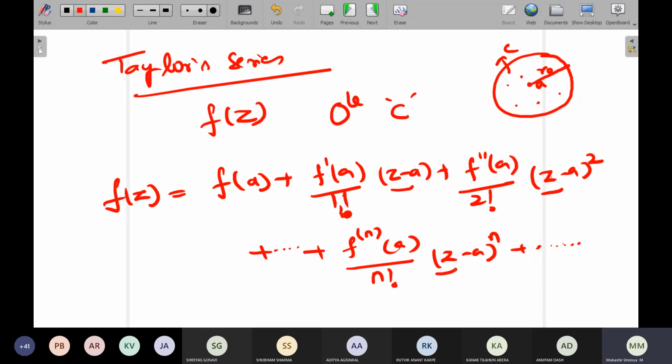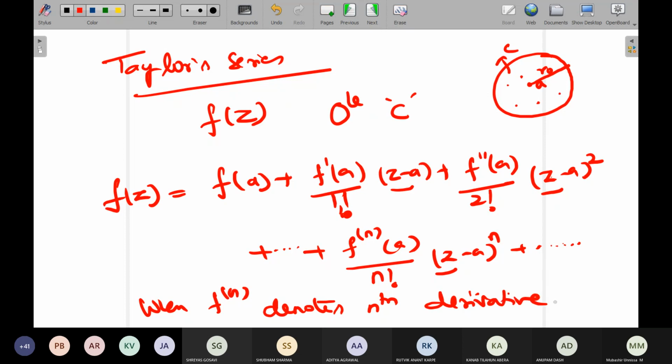So from the power series only we get the Taylor series as well as the Laurent series. And here f^n denotes the nth derivative.